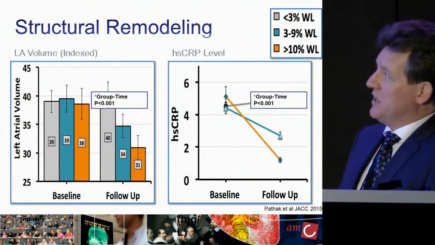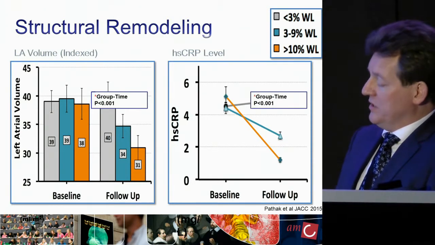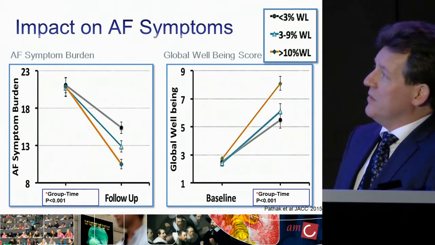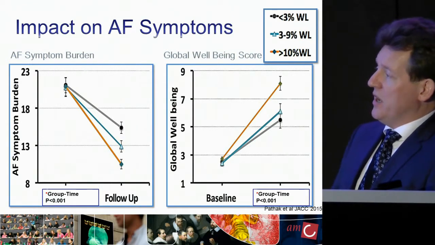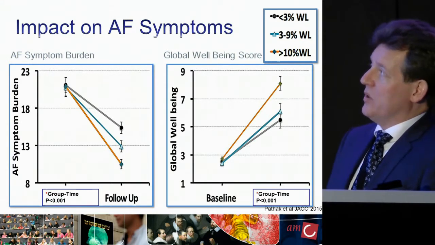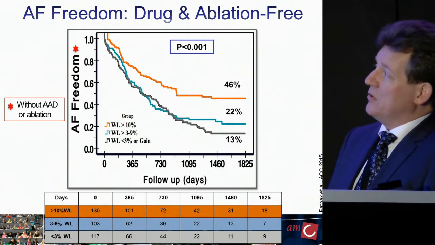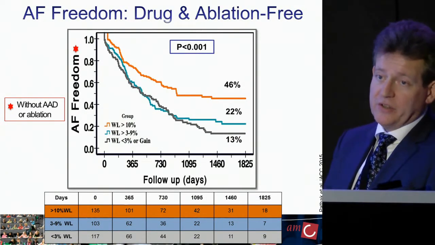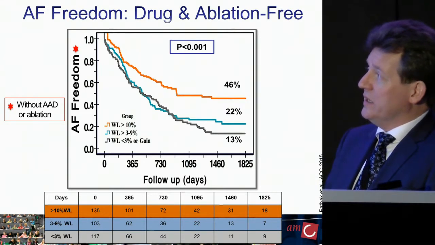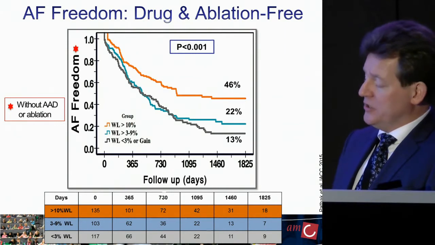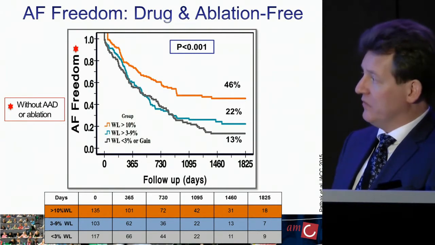The amount of high-sensitive CRP decreases. The symptom burden and the global well-being, both assessed by scores, change in a dose-dependent manner with the weight loss. And the amount of atrial fibrillation accordingly was influenced. And this is just the follow-up without any intervention.